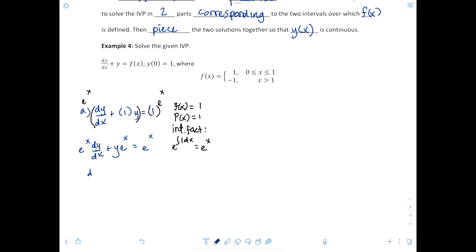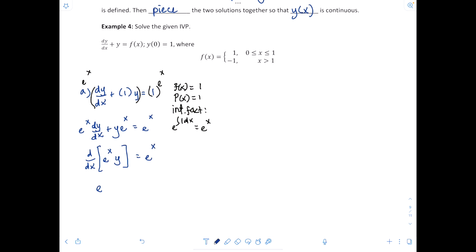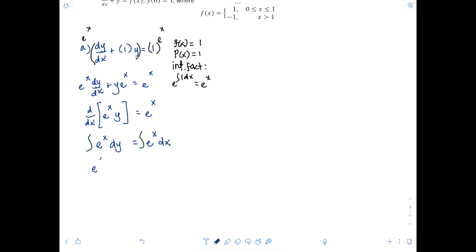And then as we've been examining, we'll get d dx of e to the x times y, and that's going to equal e to the x. And then setting it up for integration, we'll have d of e to the x y is equal to e to the x dx. So, integrating, we will have e to the x times y is equal to e to the x plus c.